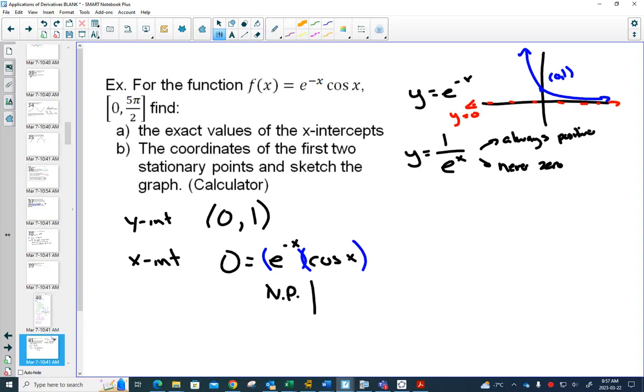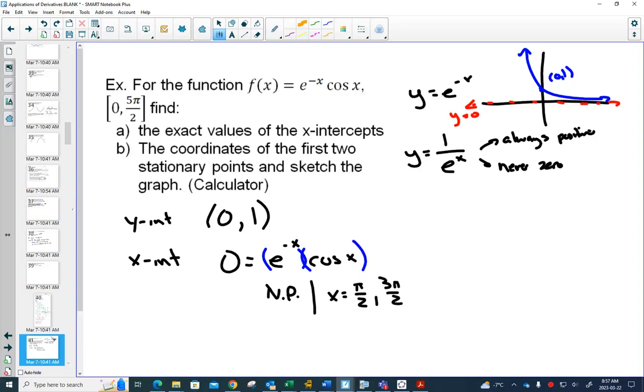And then we have to think of our pi plate and say, is cos x ever equal to 0? Yes. Where is it equal to 0? Where is your x-coordinate equal to 0? Up here at the top. So we would have pi over 2 here at the bottom, 3 pi over 2. And then it would keep going forever. So you would have sort of a general solution. You could go plus 2k pi.